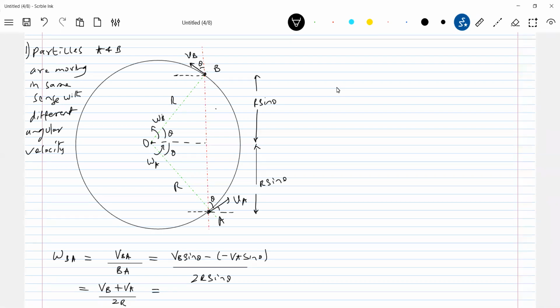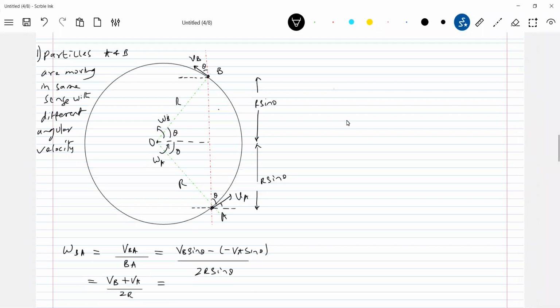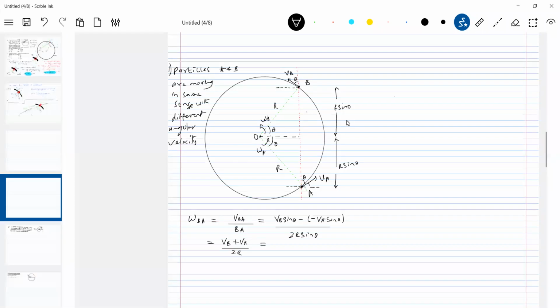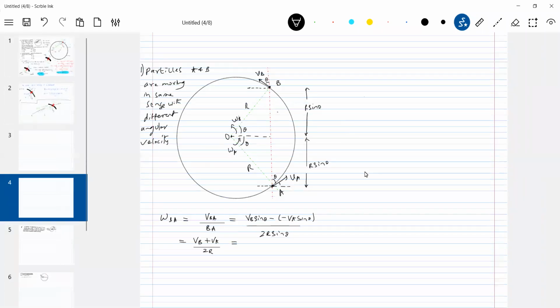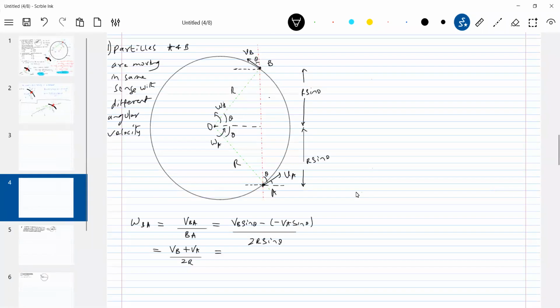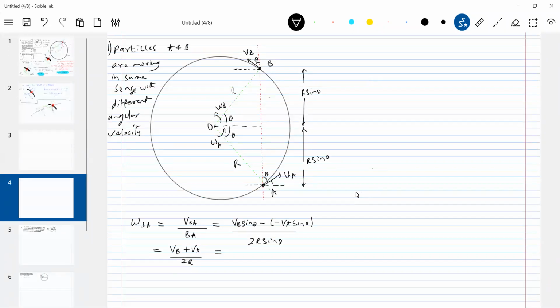Looking at the diagram here, VB should be equal to R omega B. So here only I'll write it: VA equal to R omega A, VB equal to R omega B. So in place of VB, you can write R omega B, and in place of VA, R omega A, by 2R.